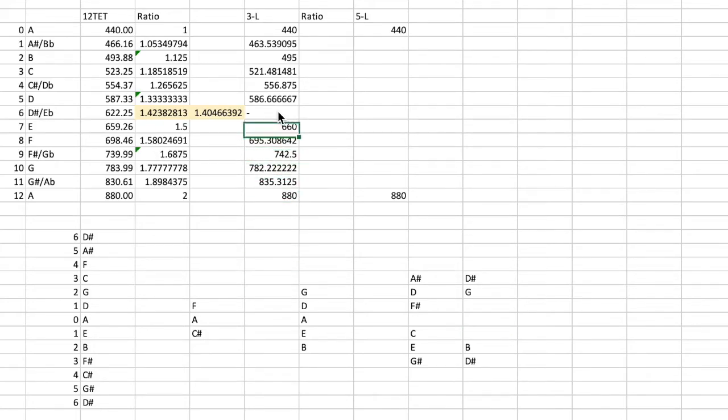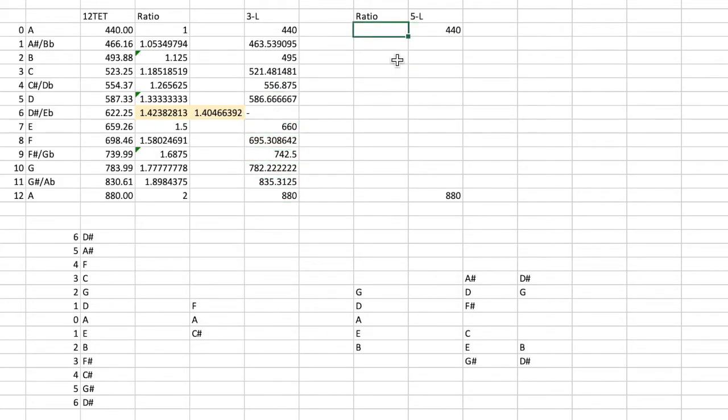But okay, so let's start figuring this out. So we have 1, we have 2. Let's figure out our easy ones first. So from A, we can do 1 times 5/4. We can go down a third as well, and that brings us to an F. Our fifth is going to be the same thing, as is our fourth.